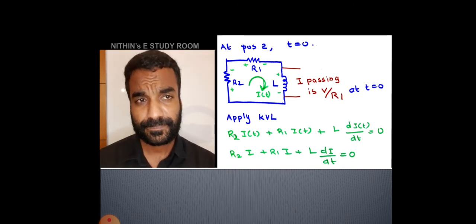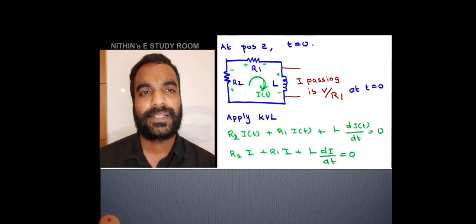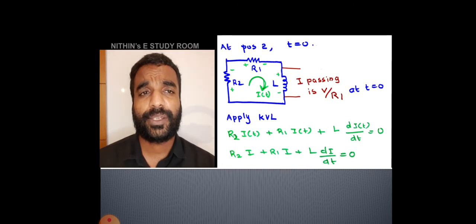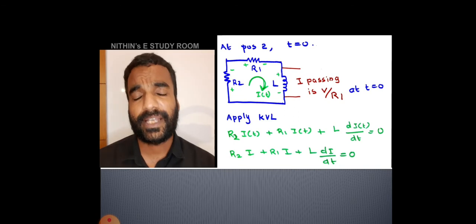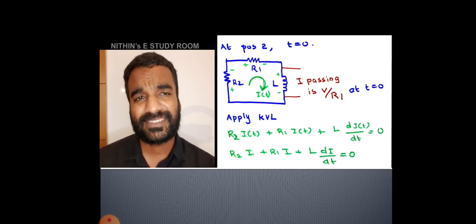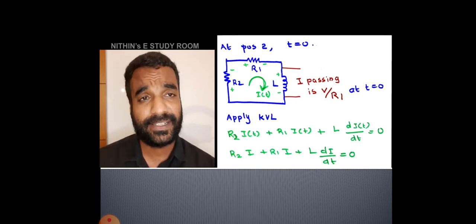Now apply KVL. Plus R2 into I of t, where I of t is nothing but current as a function of time, plus R1 into I of t plus L into di by dt is equal to 0. Or simply writing, R2 i plus R1 i plus L di by dt is equal to 0.